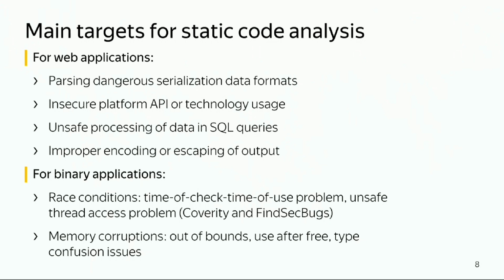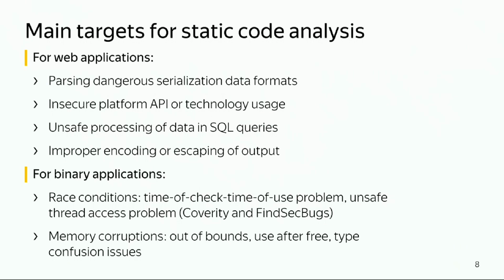But if you have your own ORM system, for example, forget about it. Specific cases are not good for SAST at all. Of course, if you have improper escaping of output in a web application, for example, if you use React in a dangerous way without escaping, it could also be found by static analysis.